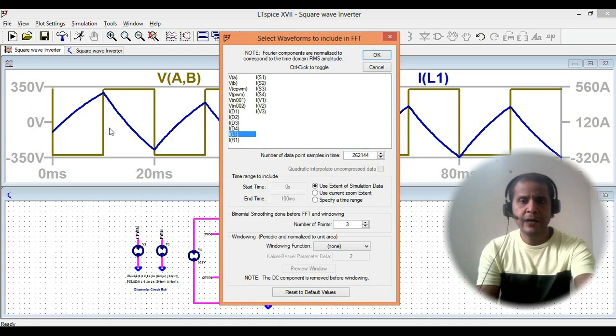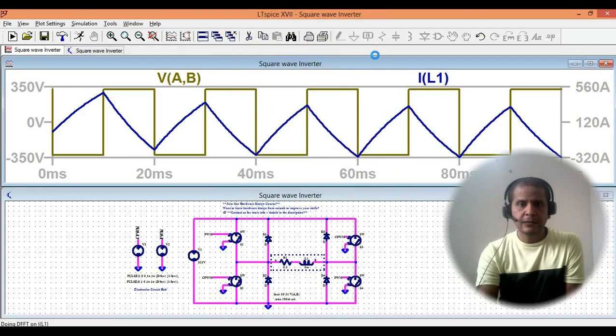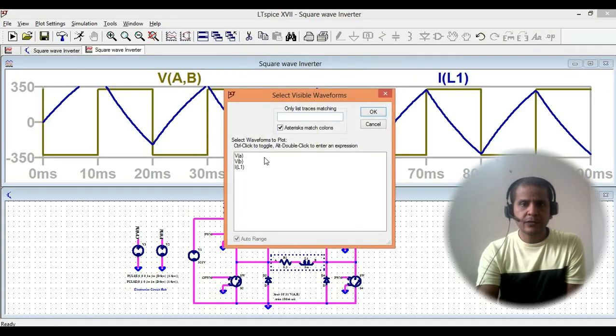How can I run it for IL1, and let's see if I can also run it for VA. Ideally, it has to be VA minus VB, but let's see. Okay, so select the waveform. Let's say VA.